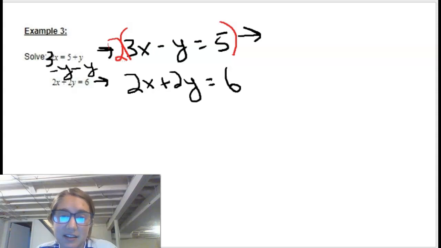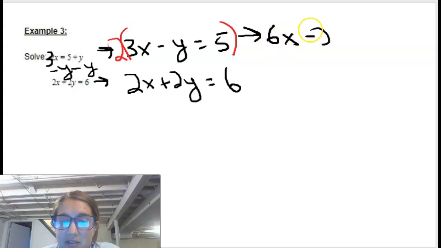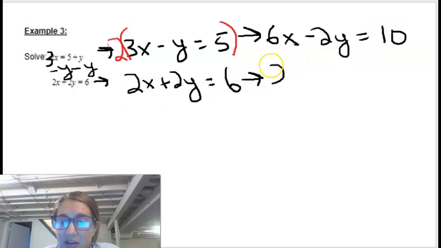by a +2. So I end up with 6x minus 2y. Remember to multiply to both sides, equals 10. I'm not multiplying this by anything, or you can think of it as you're just multiplying everything in the second equation by 1.